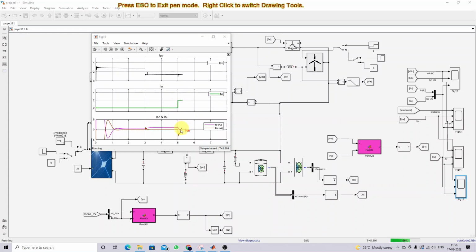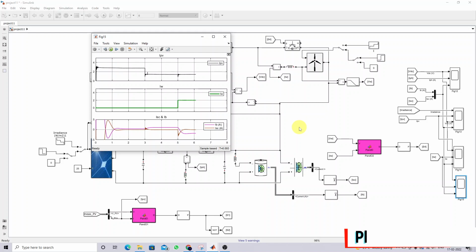Because of that, the supercapacitor charges instantly for a particular time, and the battery comes to charging mode, because now the PV and the wind energy conversion have more power to supply the load as well as to charge the battery and supercapacitor. So this is the working of the multiport converter for integration of renewable energy sources in DC microgrid application.